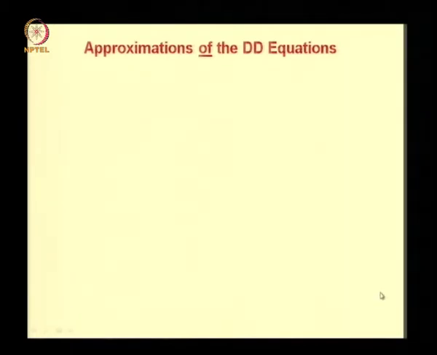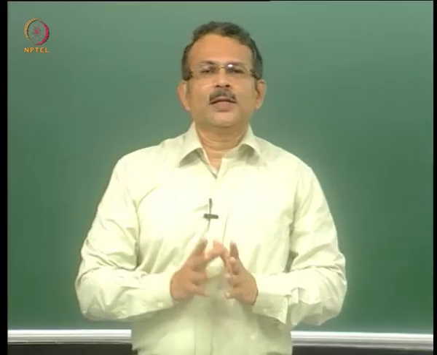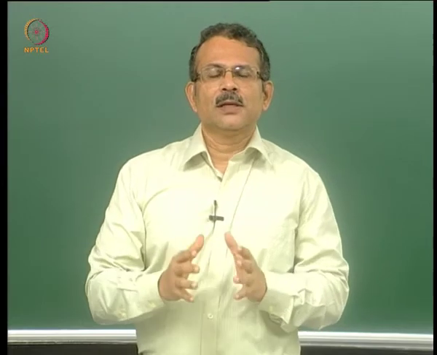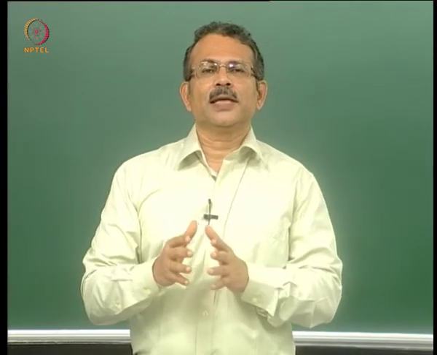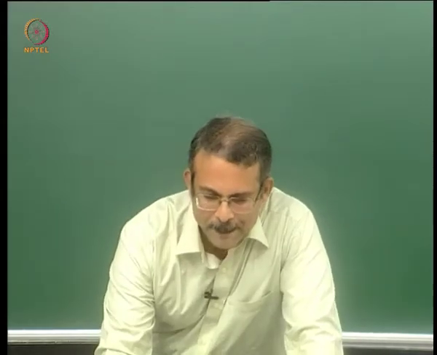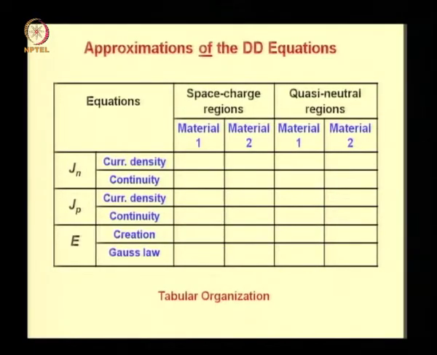Now let us look at approximations of the drift diffusion equations. These approximations are used to derive analytical models, right. So this set of approximations are the approximation set 2, which we referred to in an earlier slide. The best way to remember all these approximations of the set 2 or the approximations of the drift diffusion equations is in the form of a table shown here.